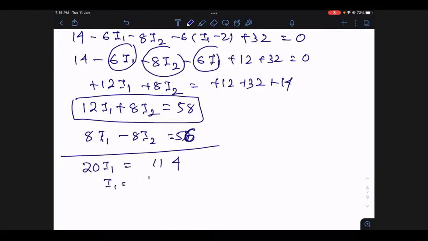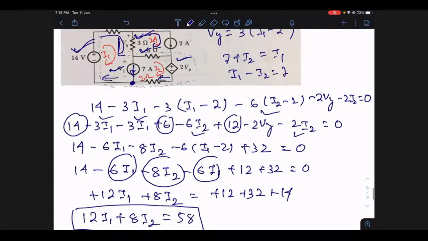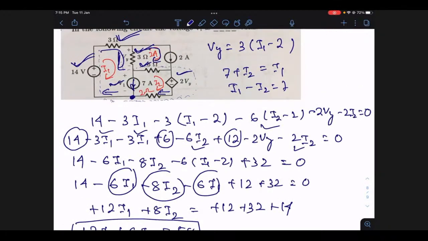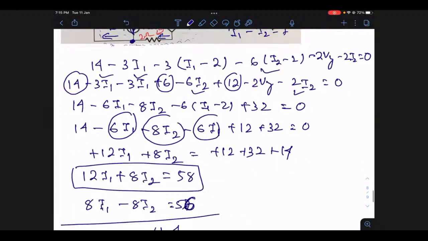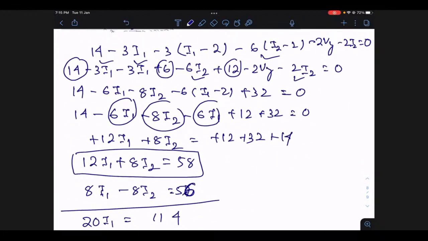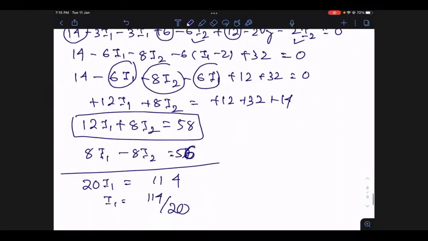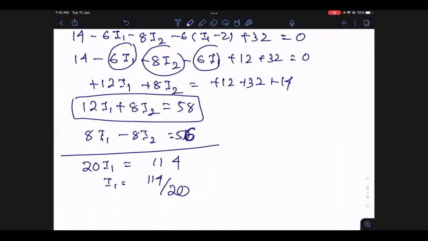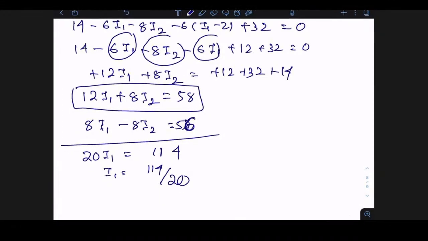So I1 is equal to 114 divided by 20. I1 minus I2 equals 7, one equation we got, and the other equation, please check this one. Everything is fine, it seems, right? 20, 50, 100, 114, 58.